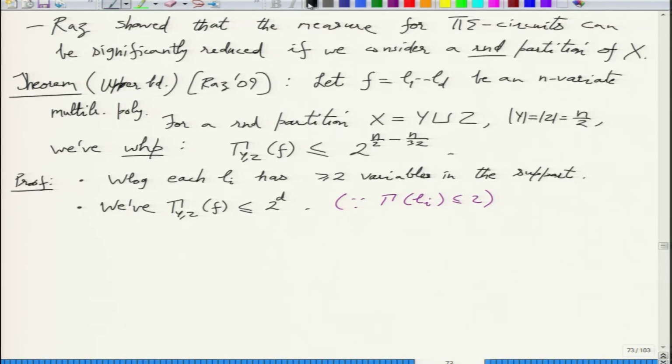So what this means is, if D is too small, if it is smaller than n by 2 minus n by 32, then anyway we are done.